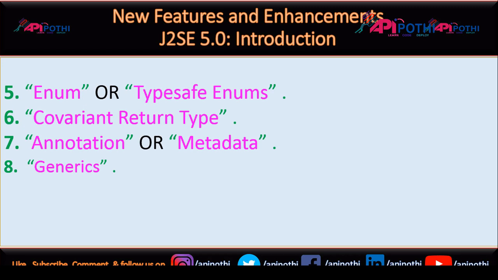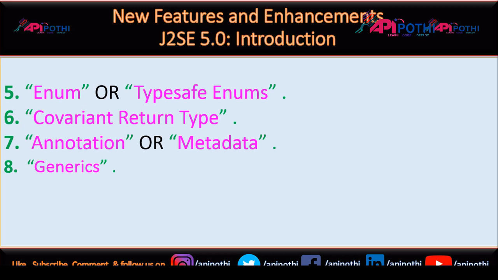Sixth is covariant return type. This term, if you remember, is very frequently used in method overriding. Covariant return type is accepted from Java 1.5. So what is covariant return type?